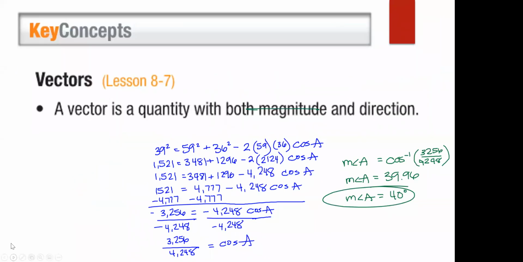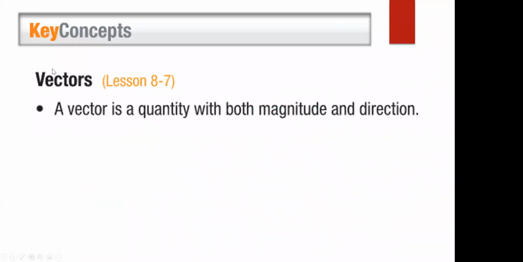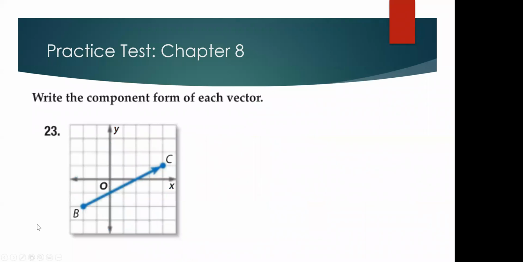All right. Next problem talks about vectors, and a vector is a quantity with both magnitude and direction. So this problem says to write the component form of each vector.